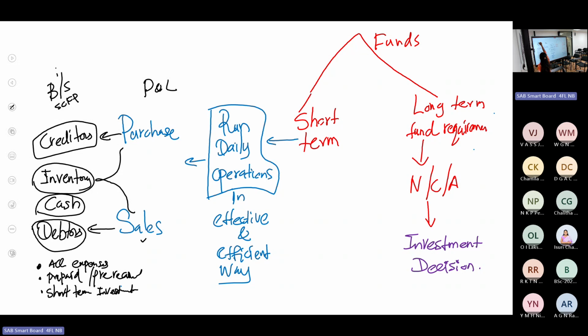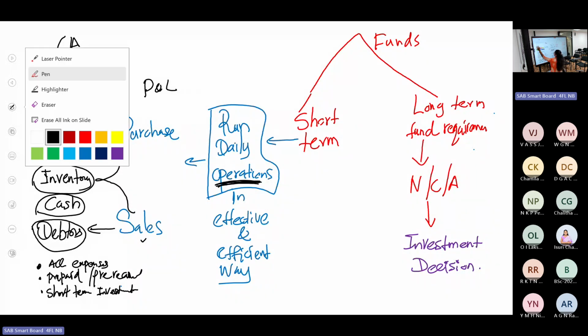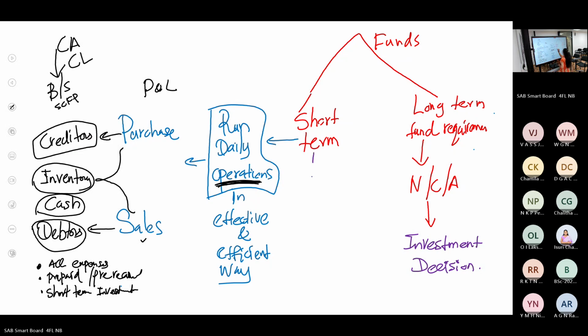So especially these balance sheet items which are linked with the daily operations are the current assets, CA, and current liabilities, CL. So handling these items which are mentioned in the SOFP as well as linked with the P&L, handling these daily operations, what do we call it?